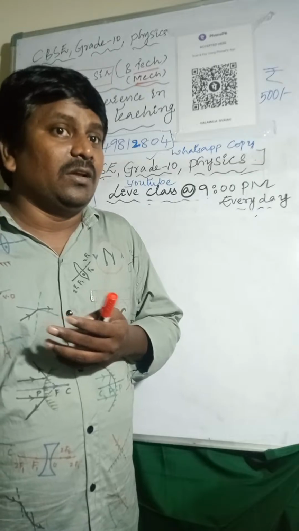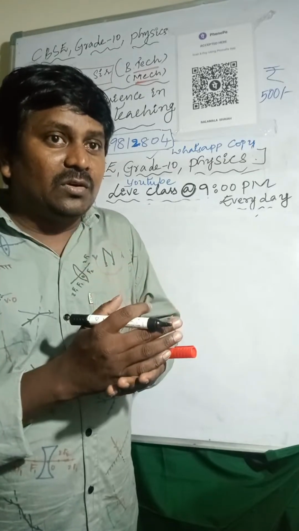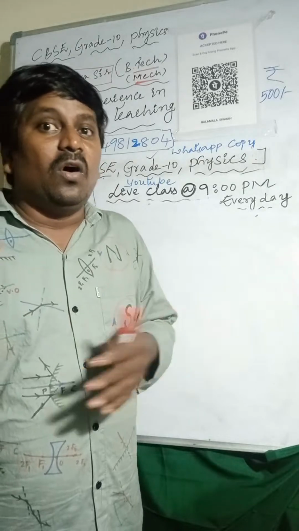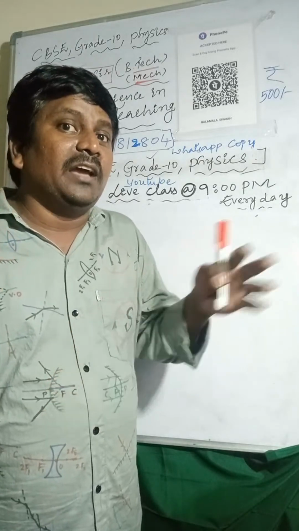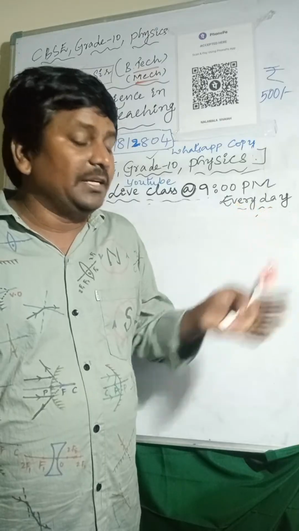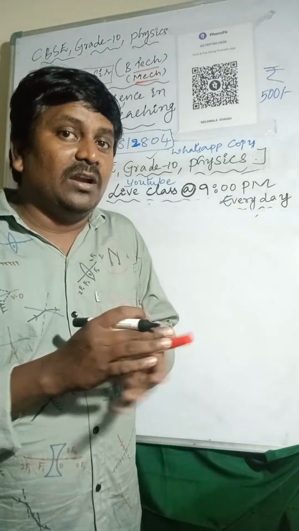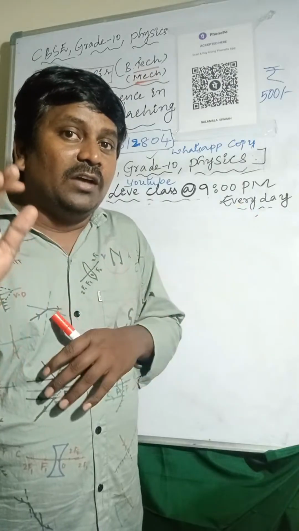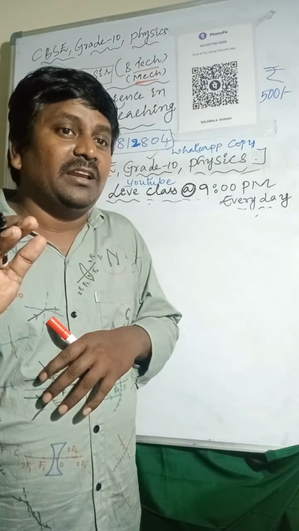A concave mirror is also called a converging mirror, and a convex mirror is also called a diverging mirror. Remember, these are very, very important points.